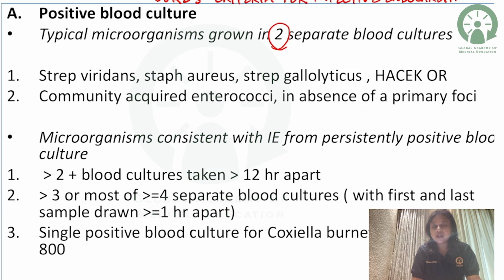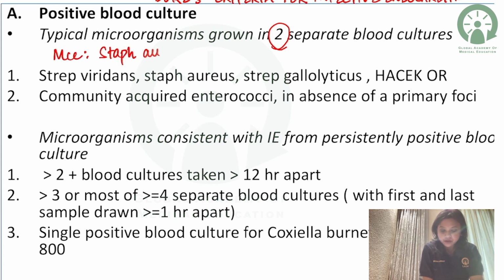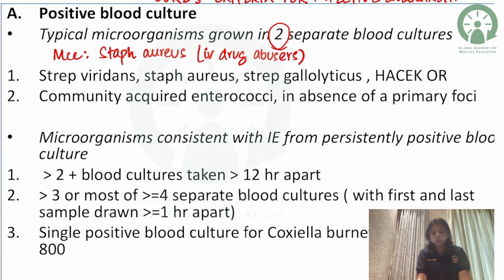So these are a few one-liners regarding microbiology which you should be aware of.